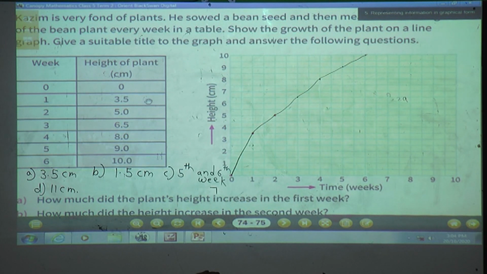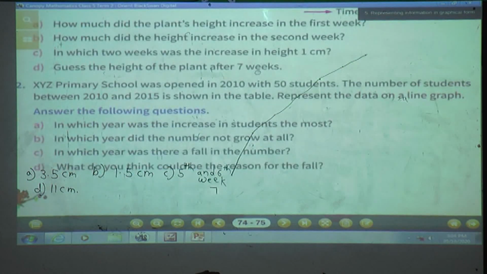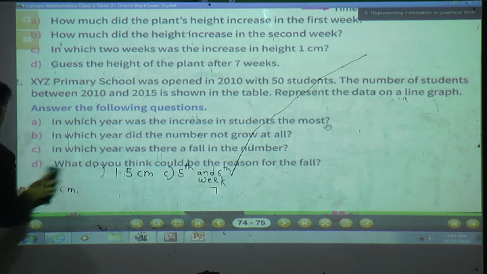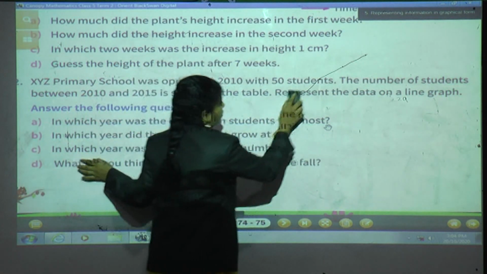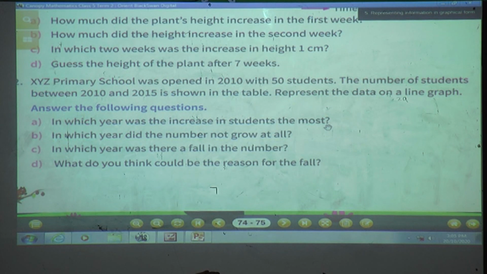Now second one. See here, XYZ primary school was opened in 2010 with 50 students. The number of students between 2010 and 2015 is shown in the table. Represent the data on a line graph.